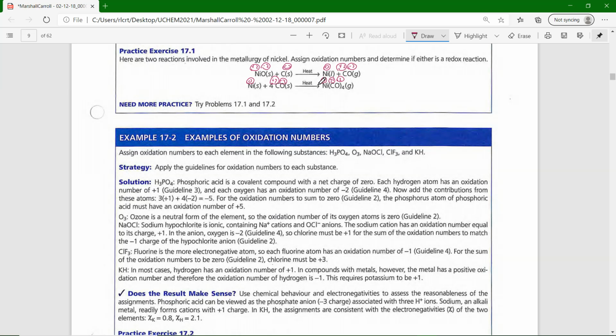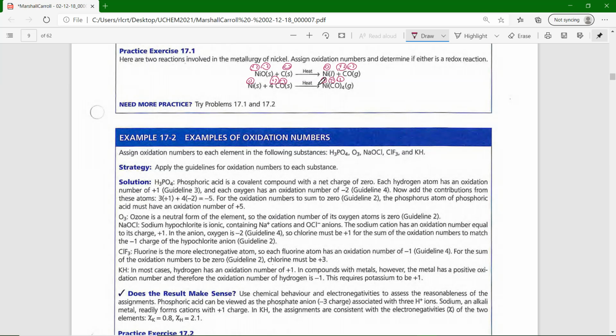That one is over and above what we would have to do. That's talking about a metal complex thing. But let's take a look at it here. 17.1. CO has not changed, so O is -2, carbon is +2, and Ni is 0. So that one is not a redox process.